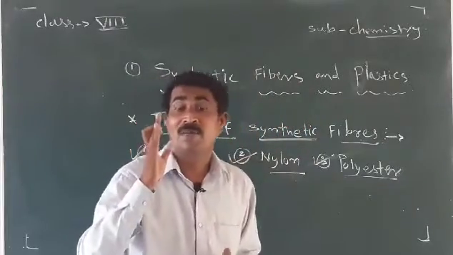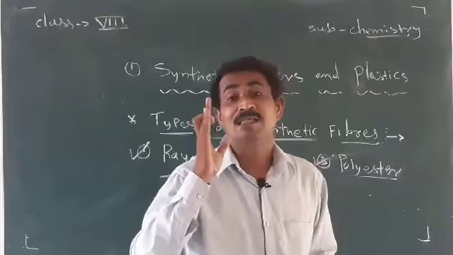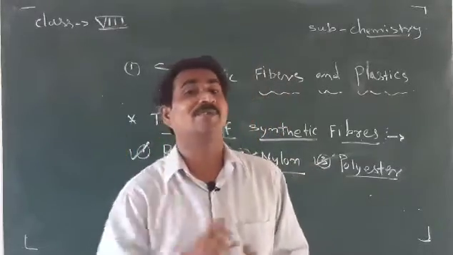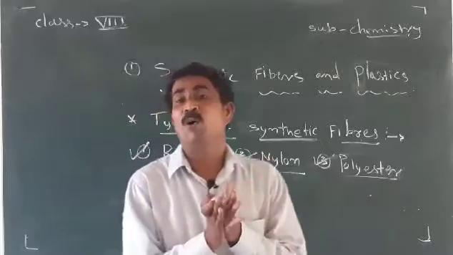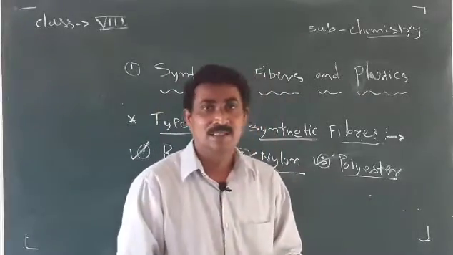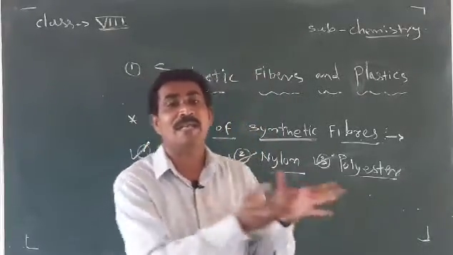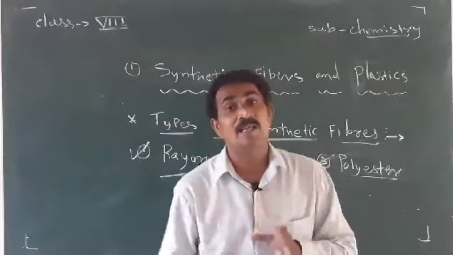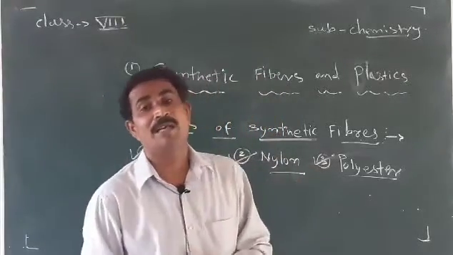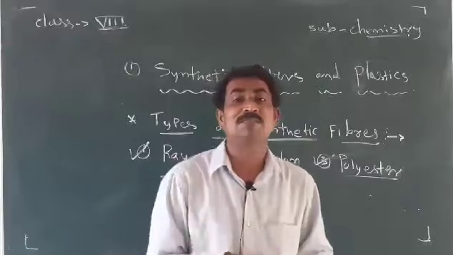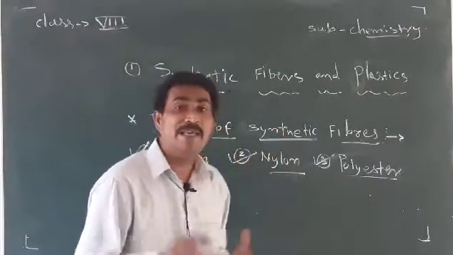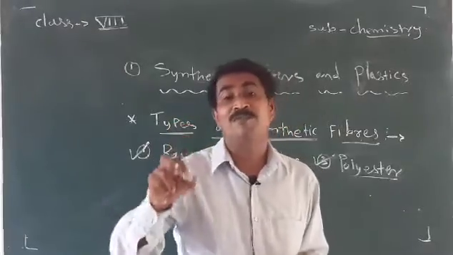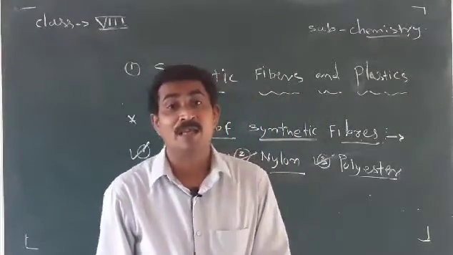Nylon is a fully chemical synthetic fiber, because it is made using only chemicals. It is not made from natural resources. It is made using many chemicals. We say nylon is a completely synthetic fiber.